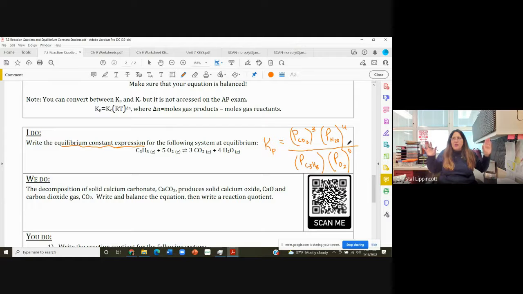They just asked for the expression. Do not give them any more than they asked for. Okay? What do you mean by giving them more than they ask? If they would have given you more values in here, like you start with C3H8 and the pressure is blah, blah, blah, and the initial pressure or the equilibrium pressure of oxygen is blah, blah, blah.